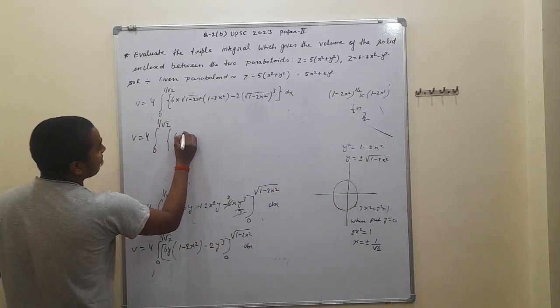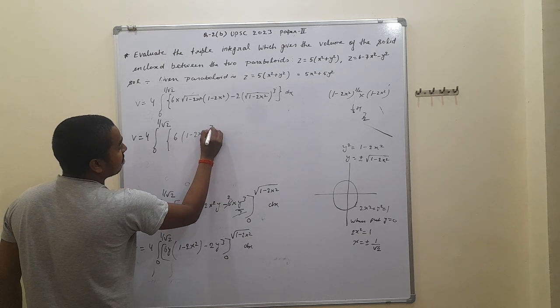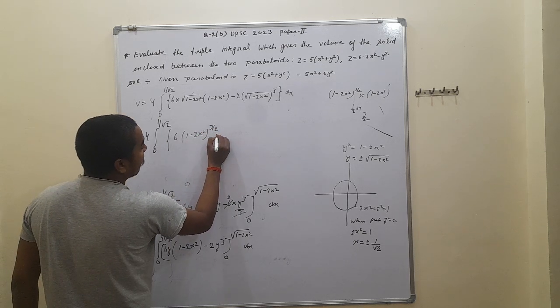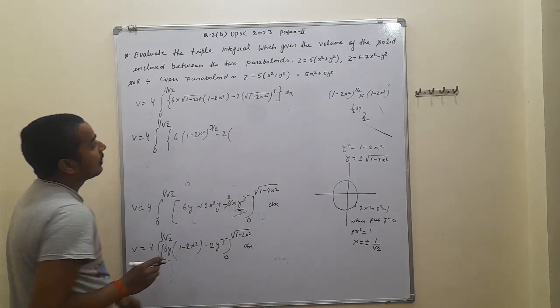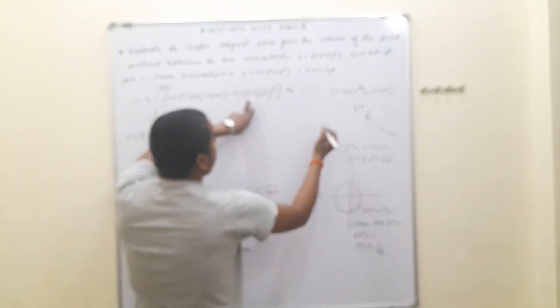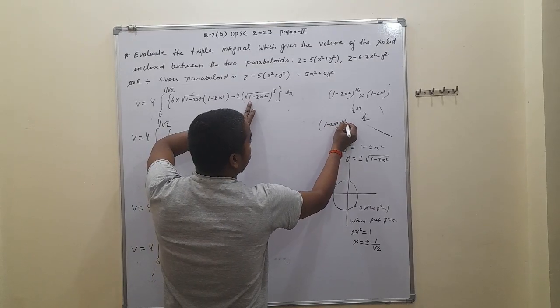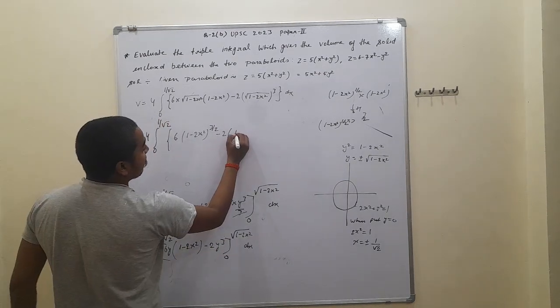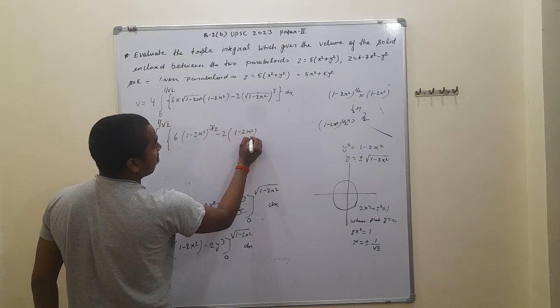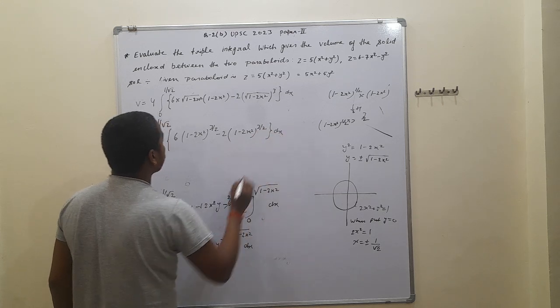We have to write 1 minus 2x square to the power 3 by 2, and minus of 2, and here is under root of 1 minus 2x square to the power 1 by 2 into 3, that is 1 minus 2x square to the power 3 by 2 dx.